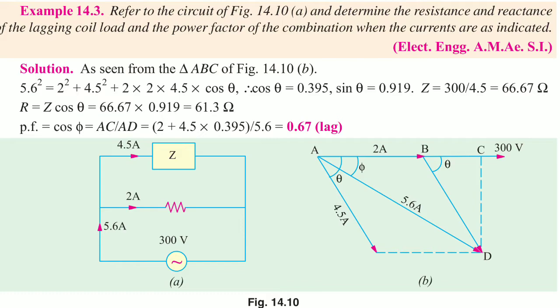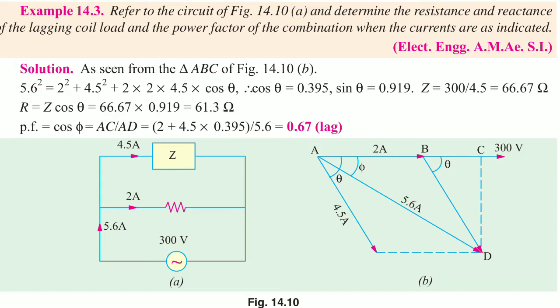That is the formula applied here. So 5.6 whole square, this resultant current square, is equal to 2 square plus 4.5 whole square plus 2 into 2 into 4.5 into cos theta.